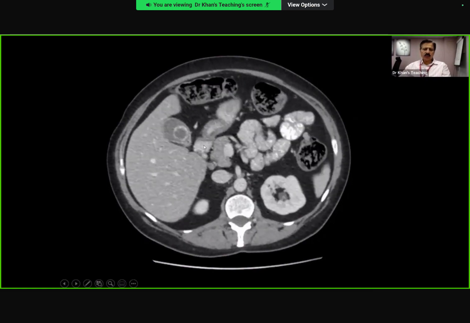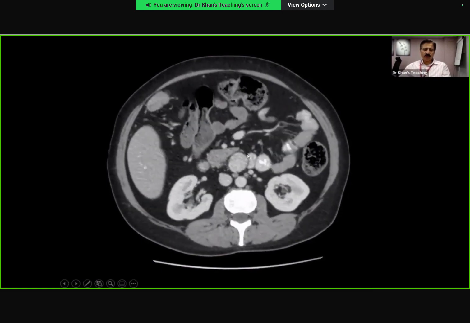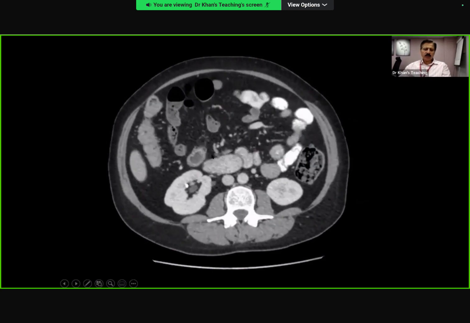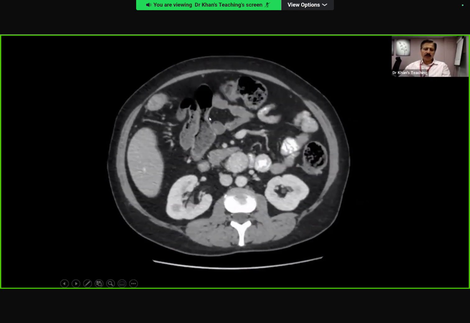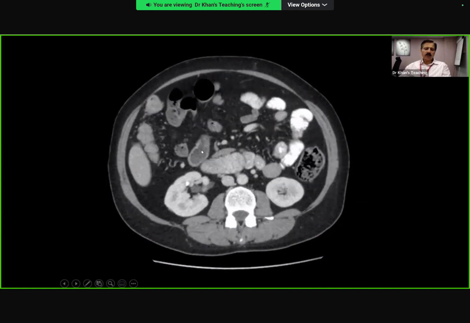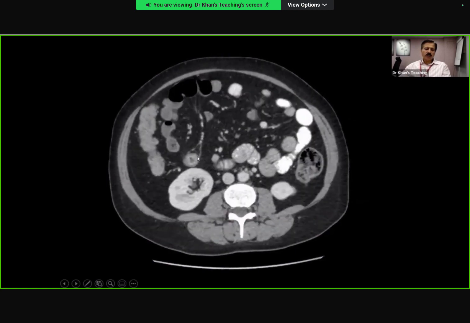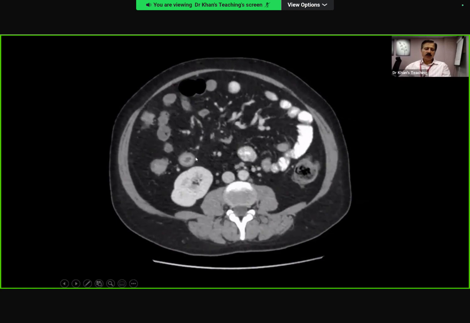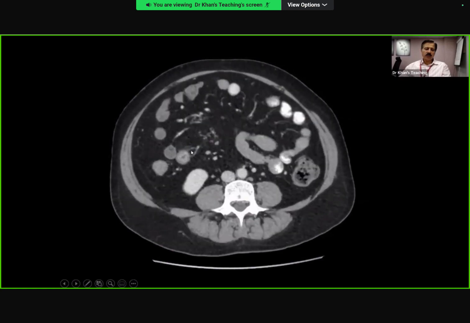So this is an incidental finding, I'm not worried about that. Now, if you see, look at this loop, and this loop has got what we call the small bowel feces sign, where there is some material within the small bowel.